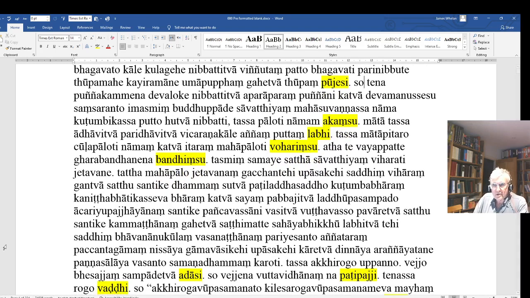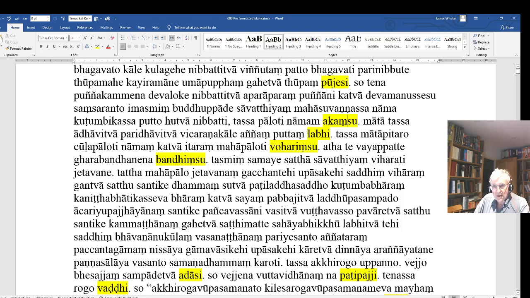You've got this characteristic ending, these esi, akamsu, the imsu ending. This, in fact, is from the root kri, to do, akamsu, they did. Tassa paloti namam akamsu, literally, they called him the pala, the protector. Literally, his protector, thus name they made. So namam akamsu, literally, they made a name, they named him.